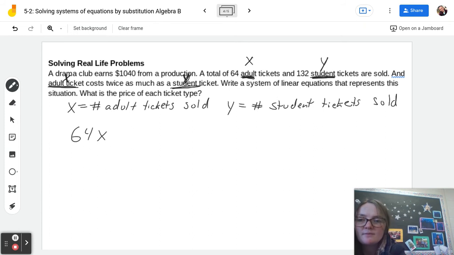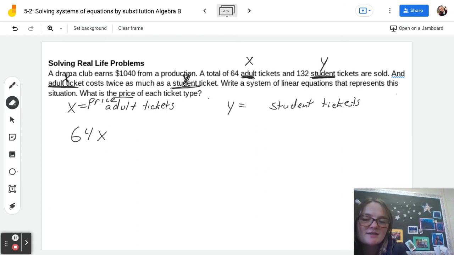I see a little issue here. Sorry, the price, not the number. My bad. We're going to say x is the price because that's what we're looking for. It says what's the price. So x is the price of adult tickets, and we'll also change that for students. So that's going to be the price.